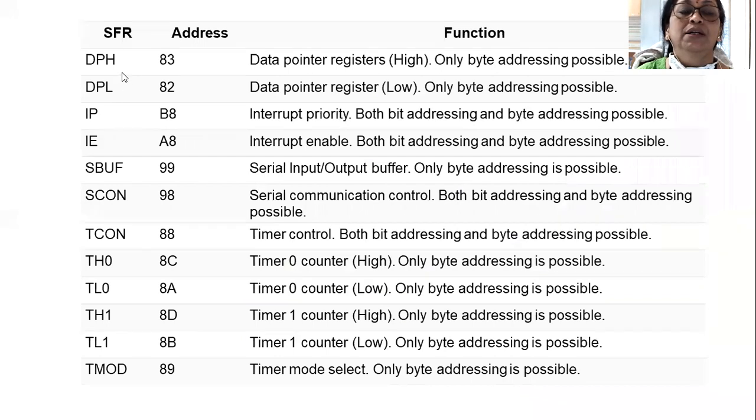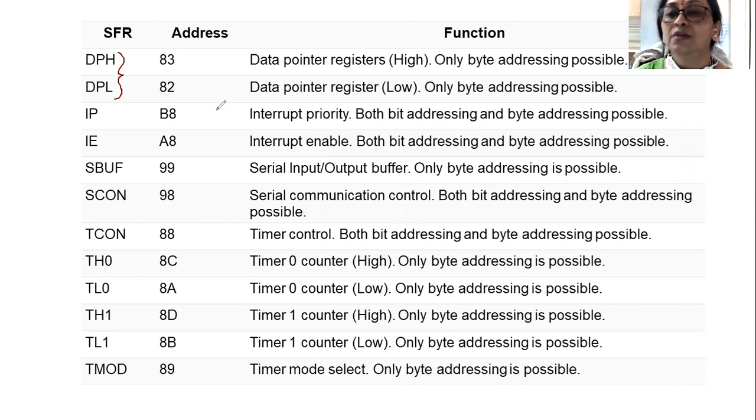The data pointer register can be divided into two portions, namely DPH and DPL. This data pointer register is 16 bits wide.